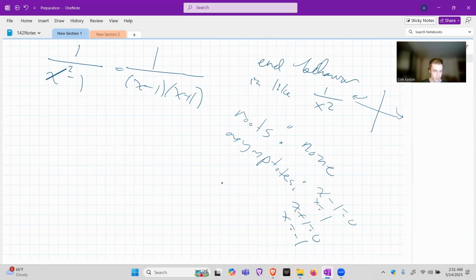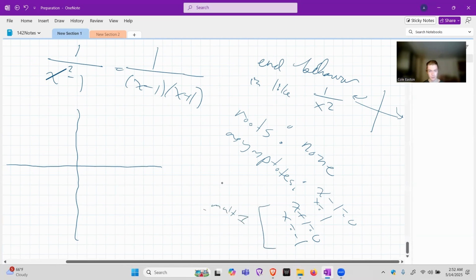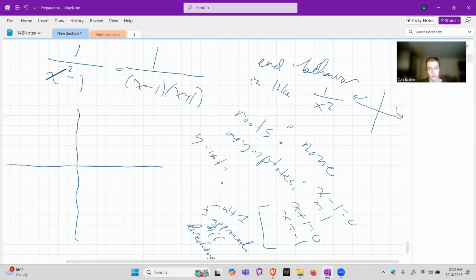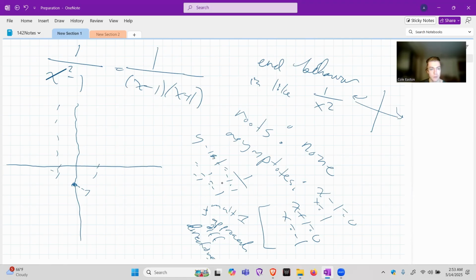Let's not draw this as sideways as that. So these have multiplicity 1, so that means that we approach from different directions. And then the y-intercept is 1 over -1 times 1, which is 1 over -1, which is -1. Okay, so we have a y-intercept here. We have asymptotes here and here, and our end behavior is like this.